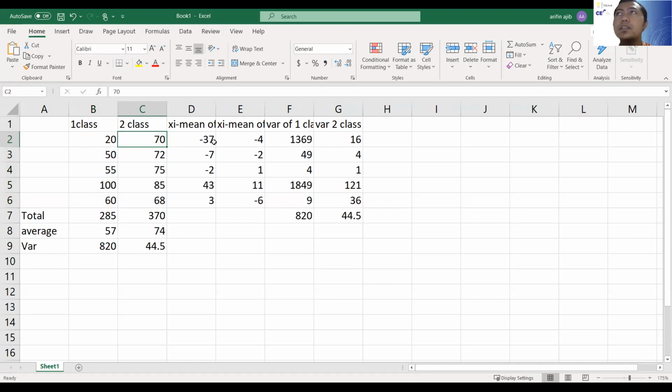Yes, sir. By looking at the data from the first class and second class, what kind of information can you say? The average of the second class is higher than the first.